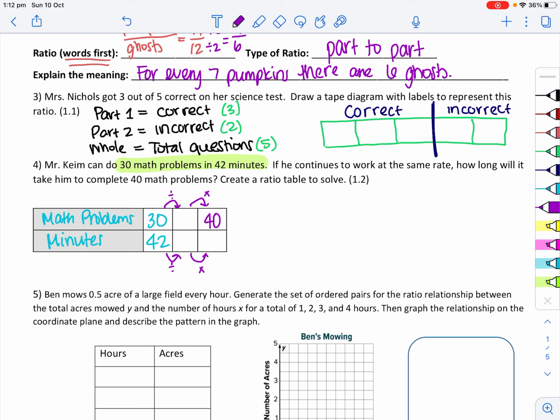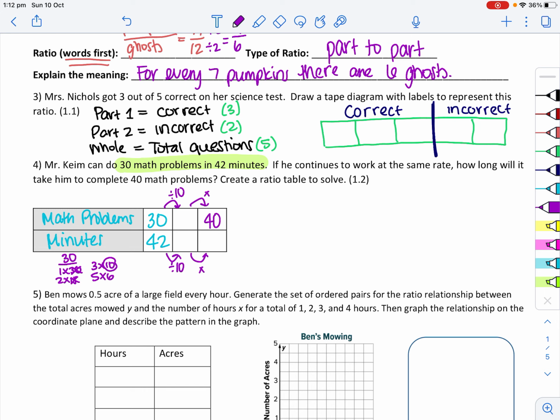So I'm going to find the greatest common factor between 30 and 42. So 30 is 1 times 30, 2 times 15, 3 times 10, and 5 times 6. 30 does not go into 40, 15 does not go into 40, but 10 does. So I'm going to divide by 10 on both the top and the bottom.